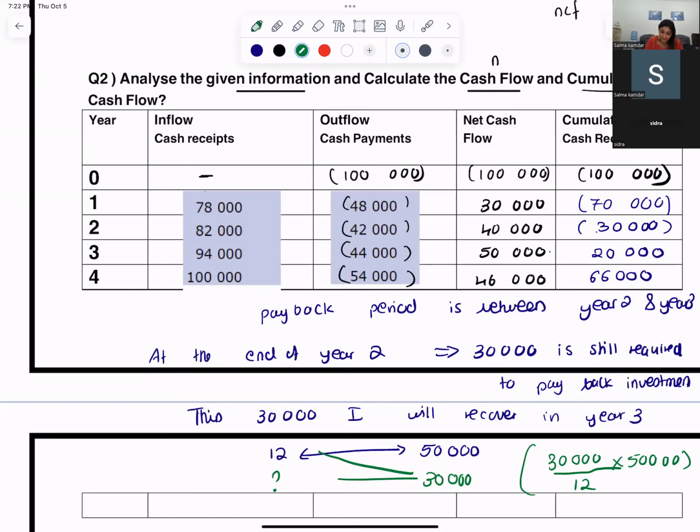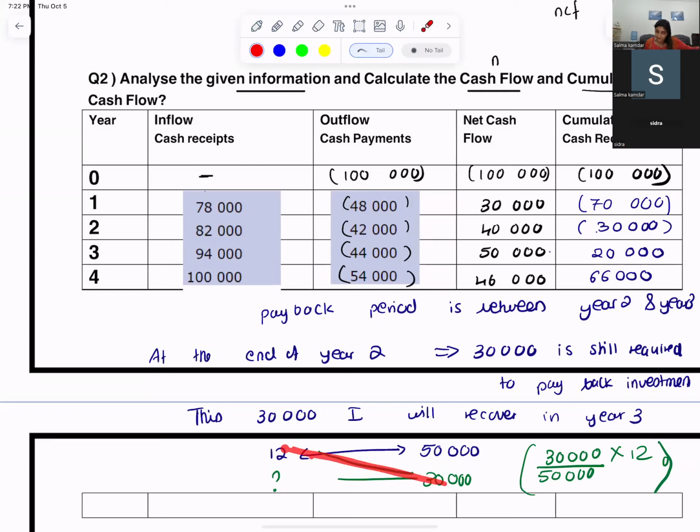Cross multiply: 30,000 into 12 divided by 50,000.